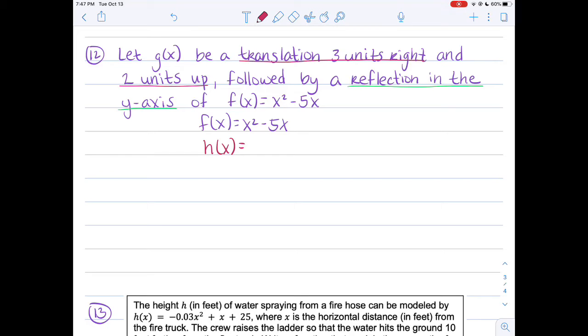So the first time that I see x is it says x squared, but I'm going to replace that with x minus 3 squared. And then I see a minus 5x, so I'm going to say minus 5, and again, x minus 3. Finally, I need to move 2 units up, and remember that that just gets tacked onto the end, so I'm going to say plus 2.